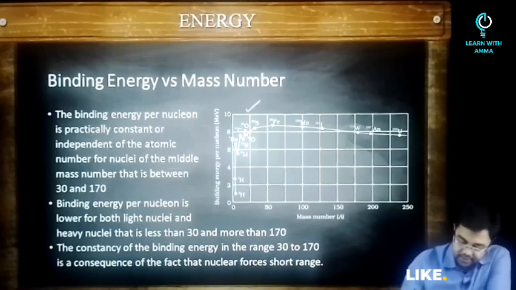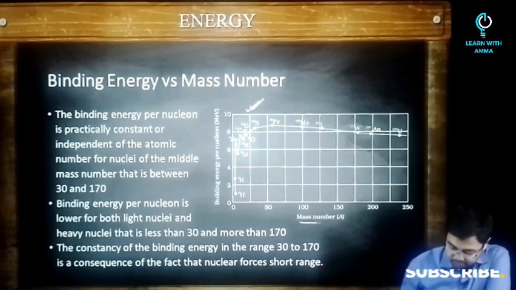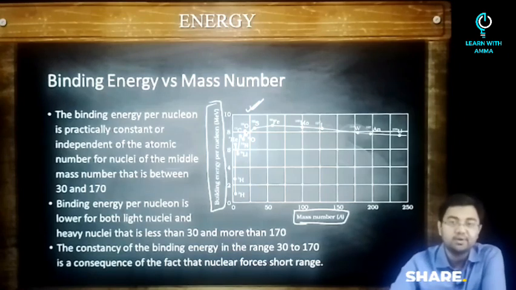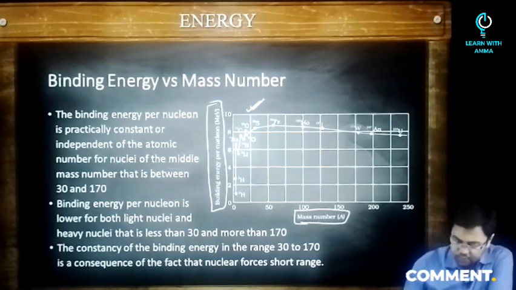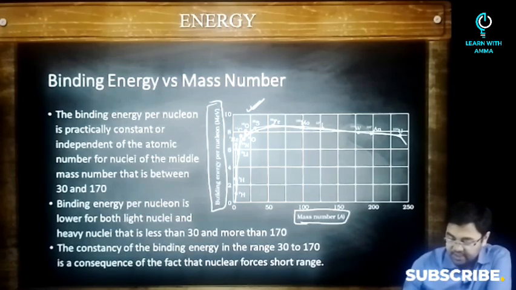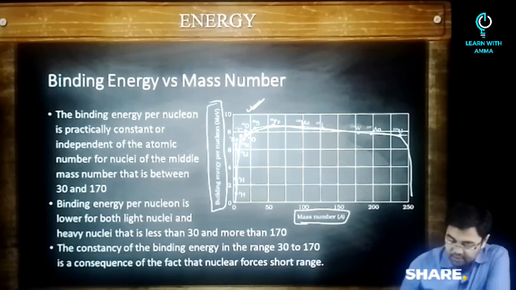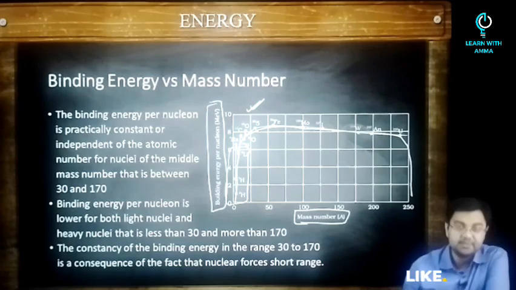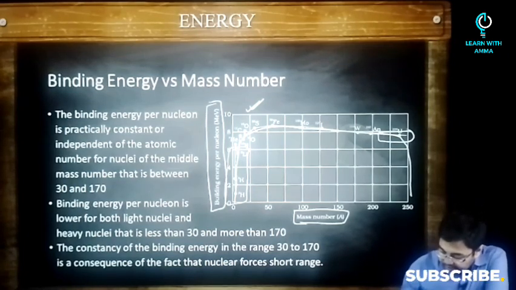If you look at this particular diagram, what you see is a graph of mass number against binding energy per nucleon in mega electron volts. What has been observed is that the graph follows something like this. The binding energy per nucleon is lower for the lower mass numbers and is also lower for the higher mass numbers.